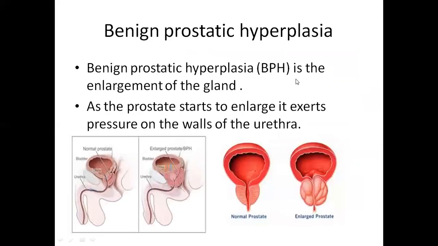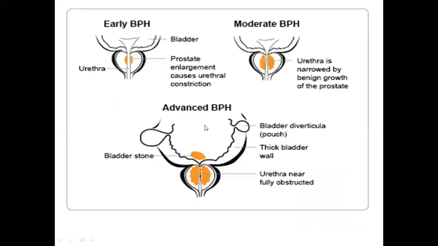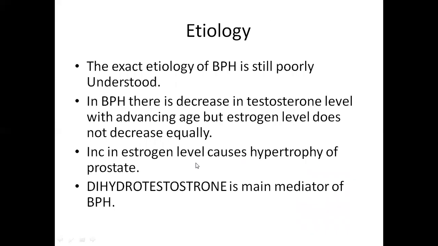Benign prostatic hyperplasia is enlargement of the gland. As the prostate starts to enlarge, it exerts pressure on the walls of the urethra. You can see this is the prostatic enlargement. The exact etiology of benign prostatic hypertrophy is of course still not clearly understood. In this case, there is a decrease in testosterone level with advancing age, but the estrogen level does not decrease equally.